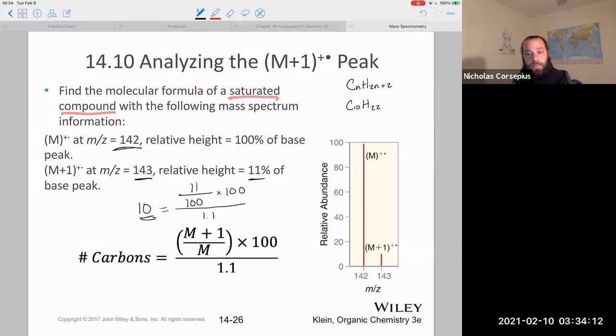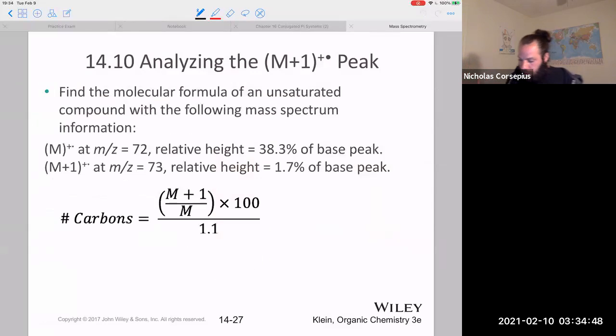So then plug this into your compound calculator that you built after the first lecture, and you will find that this compound indeed has a molecular ion with an M/Z of 142, which is exactly the M/Z of the molecular ion in this particular example. So just from this information alone, we were able to conclude that this corresponds to this compound here. Okay, so it can be pretty powerful.